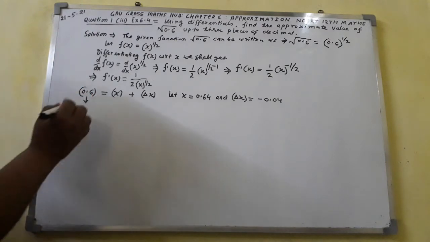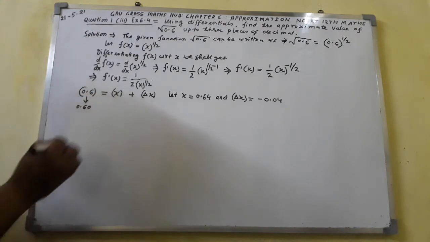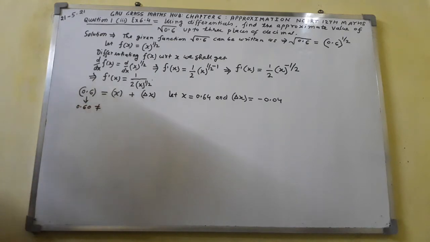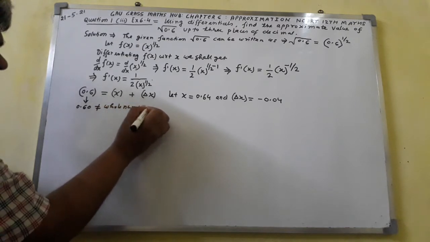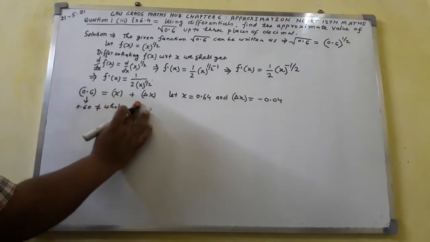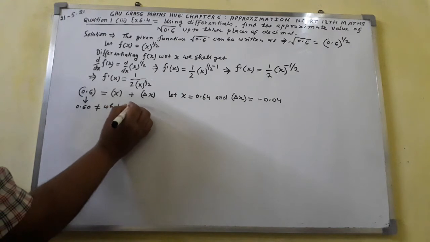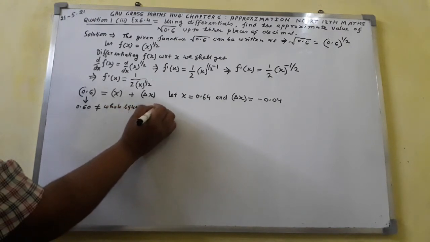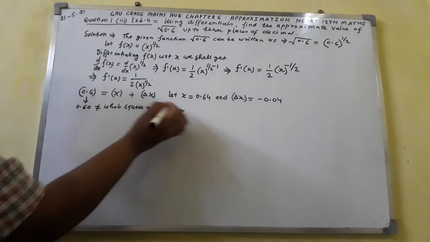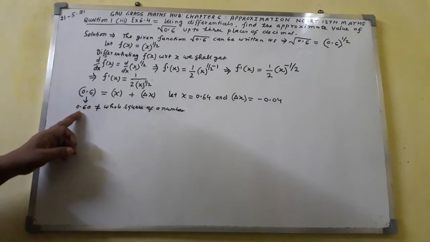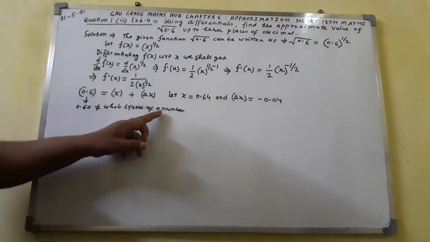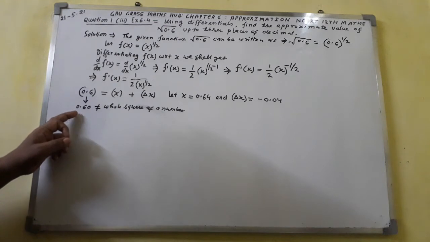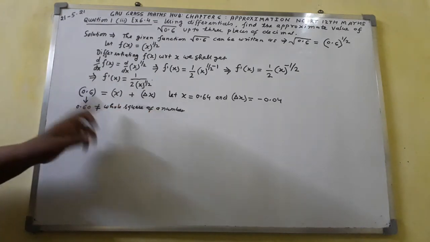So here if you take 0.60, 0.60 will not be equal to the whole square of a number. 0.60 will not be equal to the whole square of any number. 0.60 is not the whole square of any one number.